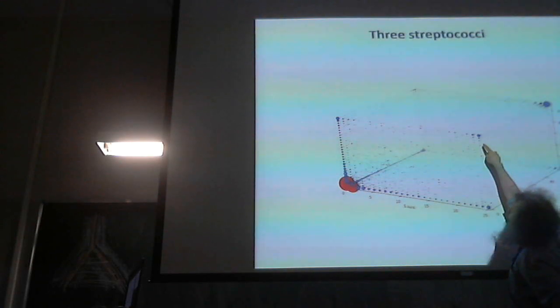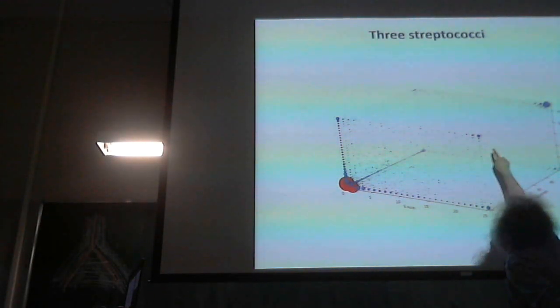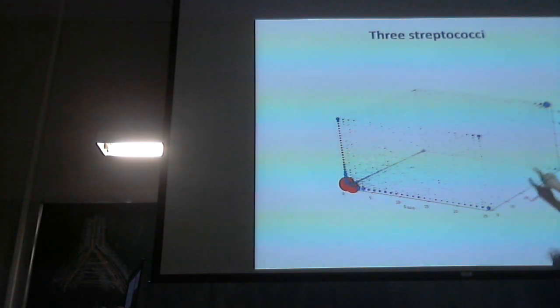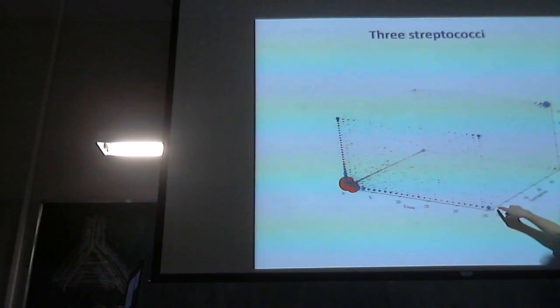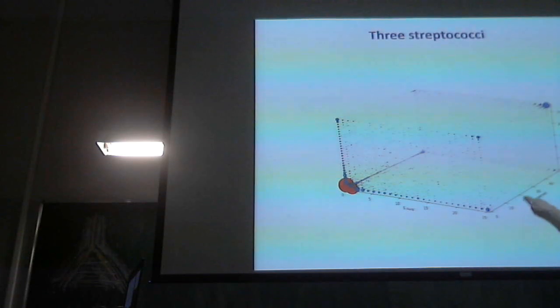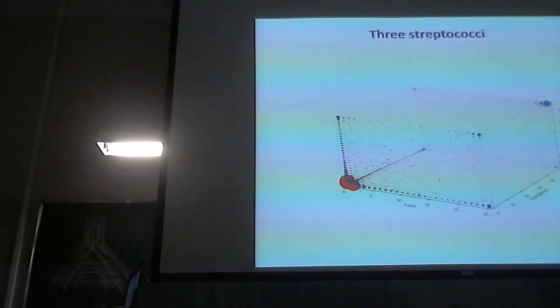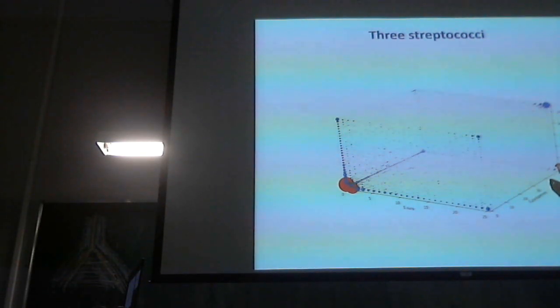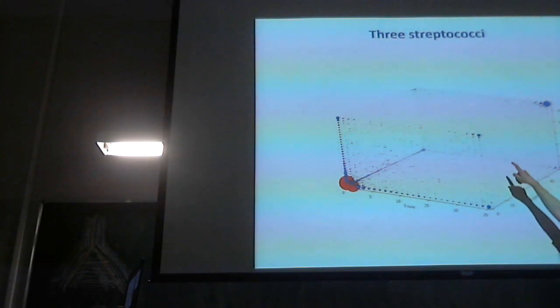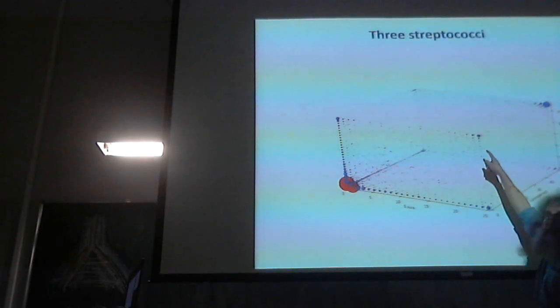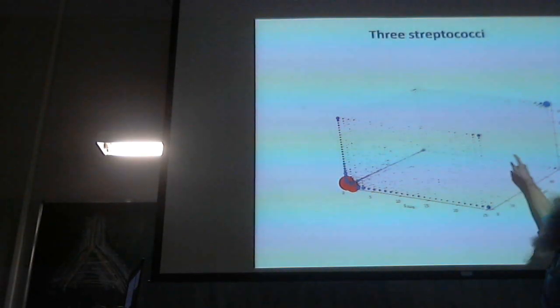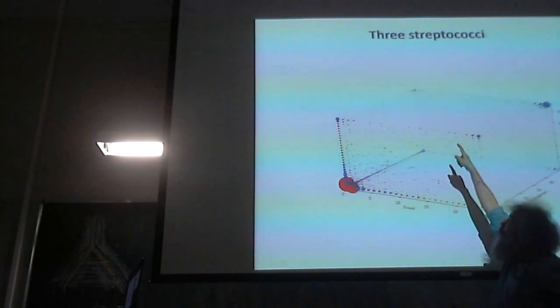Because what do we have here? We have genes which are common to pneumonia and suis, and absent in pyogenes. What we have here, we have genes common for pyogenes and suis, but absent in pneumonia. And we see that the number of these strains is considerably larger than the number of these strains and the strains over there.